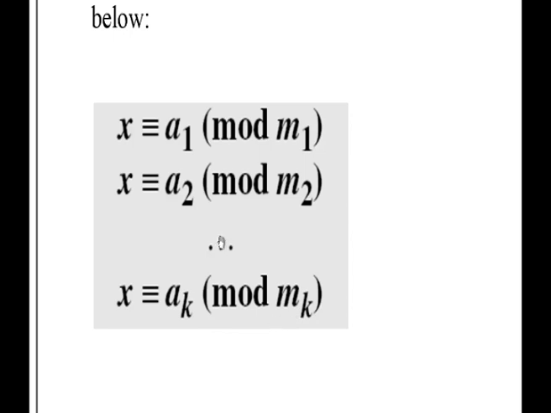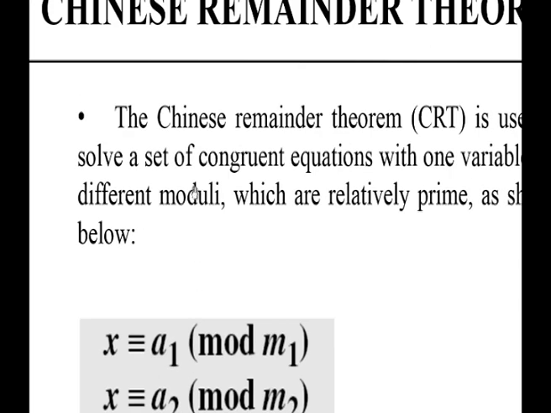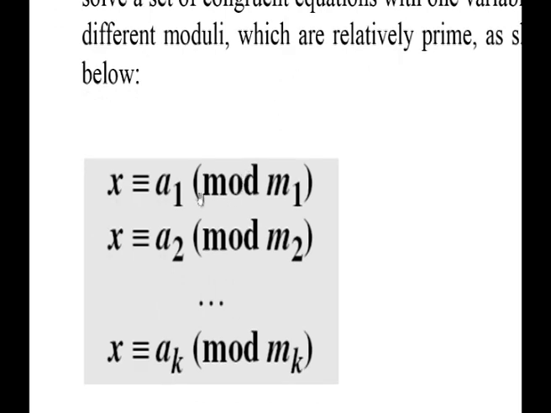Here we have a set of congruence equations with different moduli: the modulus of the first equation is M1, the second is M2, and so on up to k equations. The GCD of M1, M2, M3, up to Mk must be 1, so they are relatively prime.